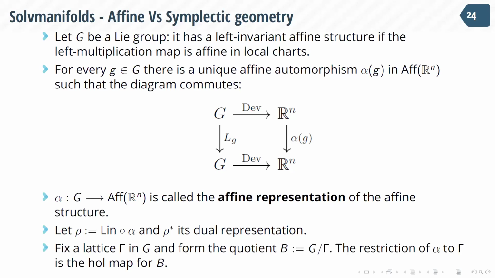In the following, we always assume that the groups we are working with are unimodular, so we can find a lattice inside, so that we can form the quotient and work with a compact manifold. In particular, for the homogeneous manifolds obtained from Lie groups, the restriction of the affine representation to the lattice corresponds to the holonomy map for the quotient manifold.